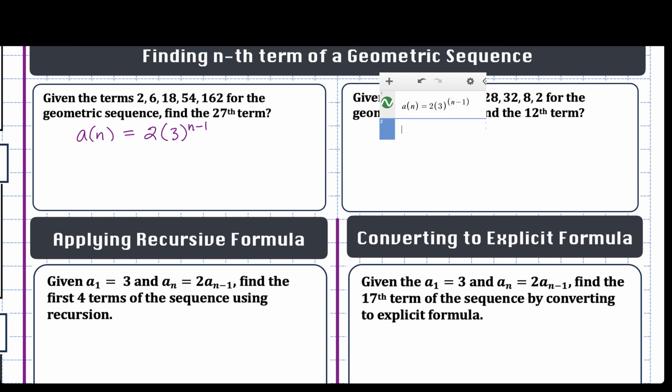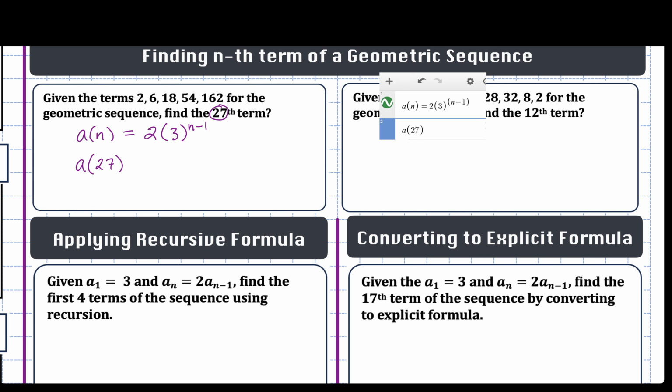And then I want to call this function with the 27th term. So what that means is, on the next line, we're going to do a of 27. And it's going to automatically send that calculation in for me. It's going to give me some weird looking number right now because we haven't really worked with scientific notation.